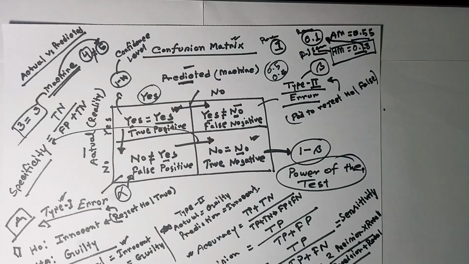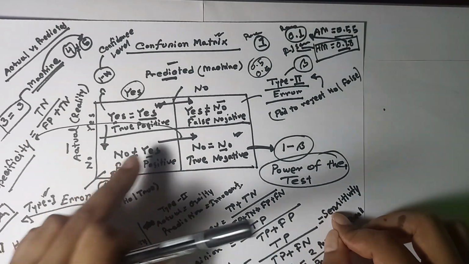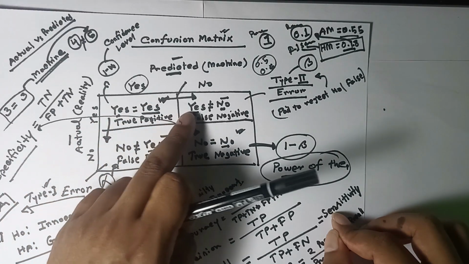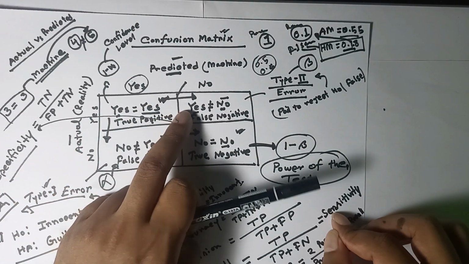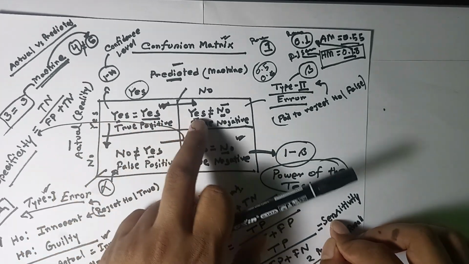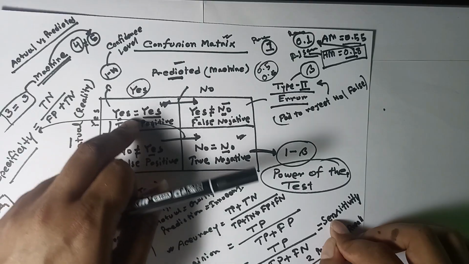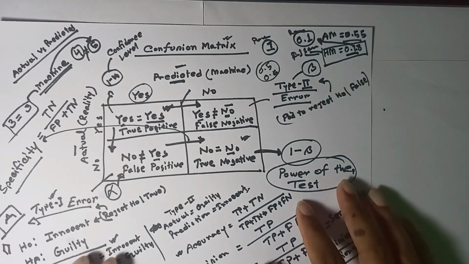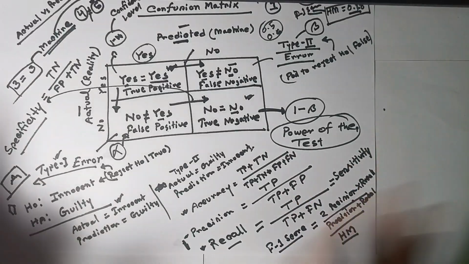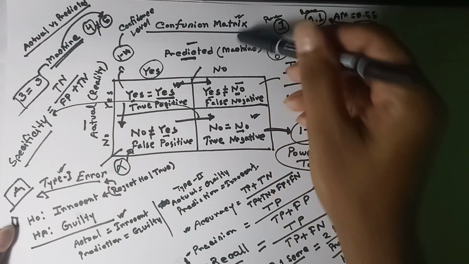And sensitivity is the opposite of specificity: from all positives, how many were correctly predicted positive. So that is it, all from this class on the confusion matrix. Thank you very much.